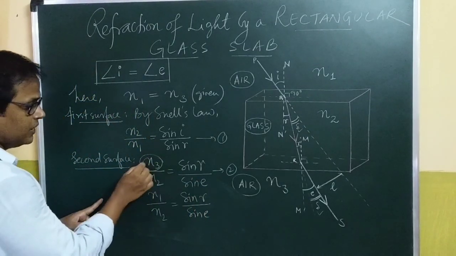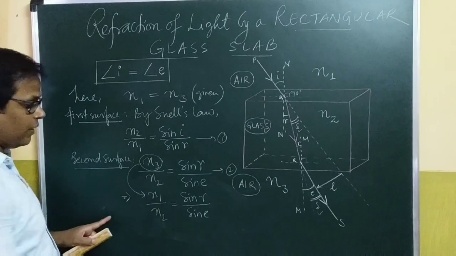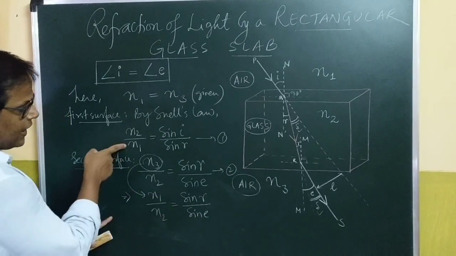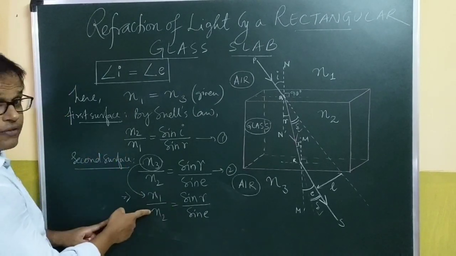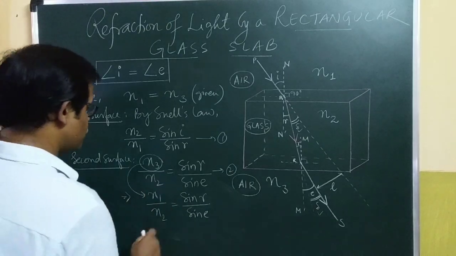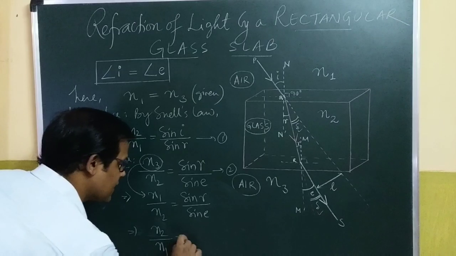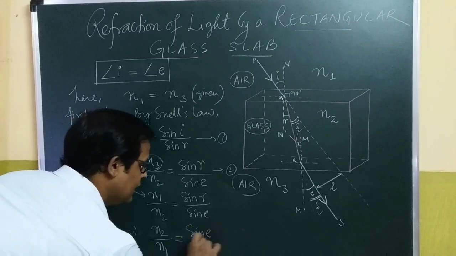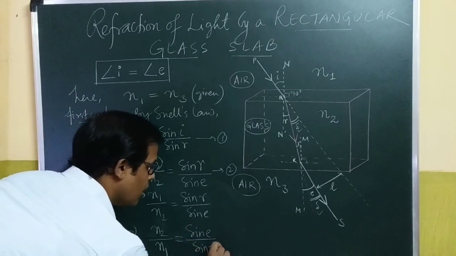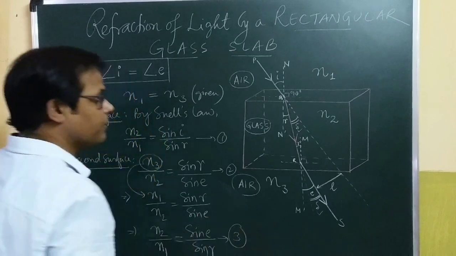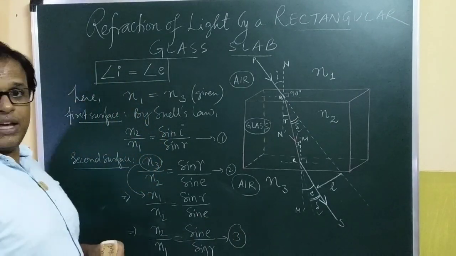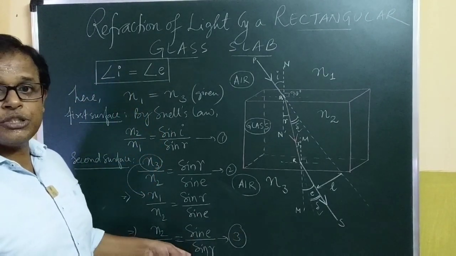You got my point. This I have replaced with N1. So here I have N2 by N1, here I have N1 by N2. So if I have to make it N2 by N1 just to match up the sides, then it becomes sine E by sine of R. So let us call it equation number 3. Okay, my dear, is that visible to you?